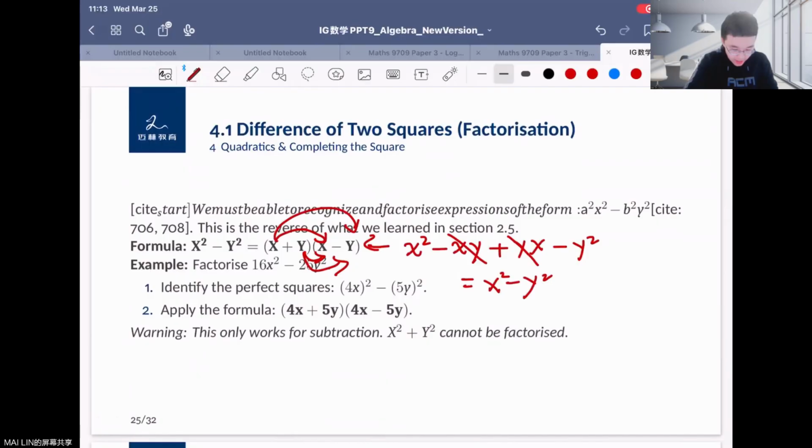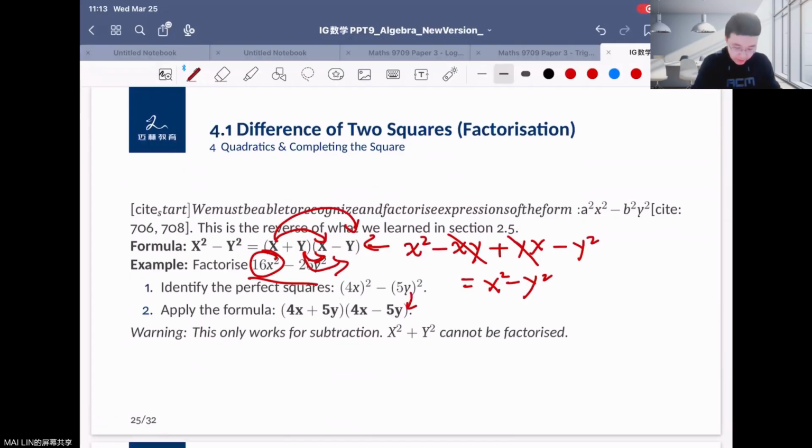Okay. And the problem here is to factorize 16x squared minus 25y squared. You can first write 16x squared as 4x squared, and 25y squared as 5y squared, because 16 can be written as 4 times 4, x squared as x times x, 25 as 5 times 5, and y squared as y times y, right?